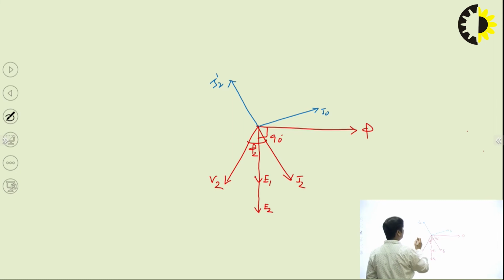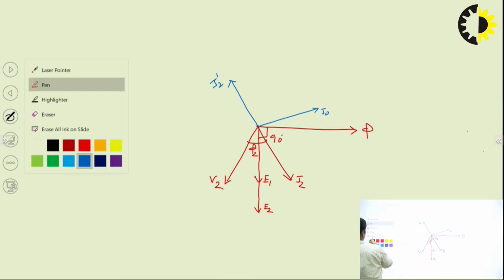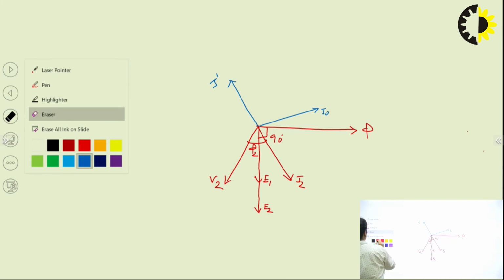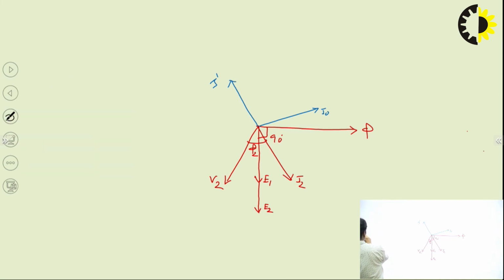Sorry, not I2 dash, it's I1 dash. So it's I1 dash, since it is a primary component. So I2 in phase opposition is I1 dash. I1 dash and I naught.